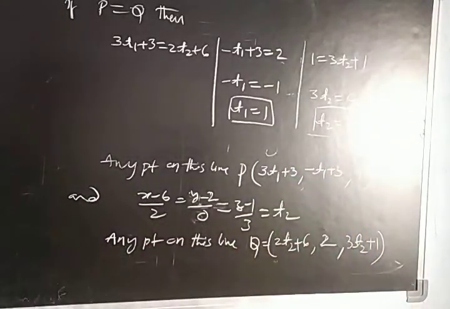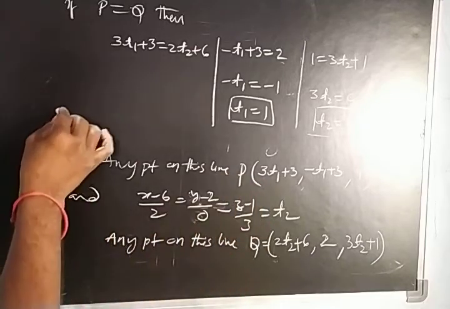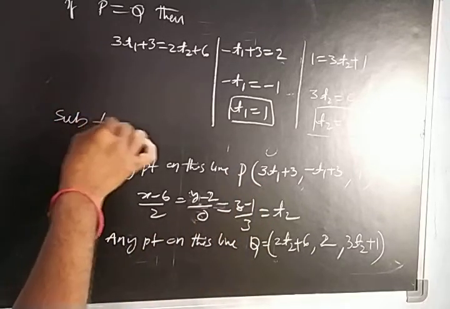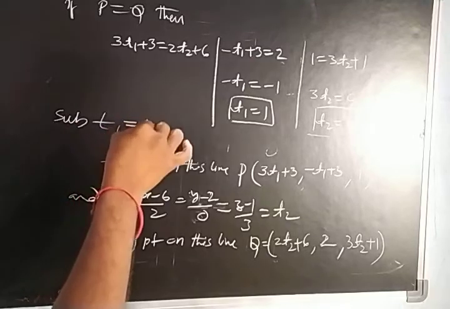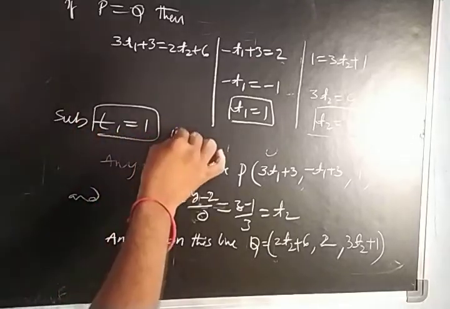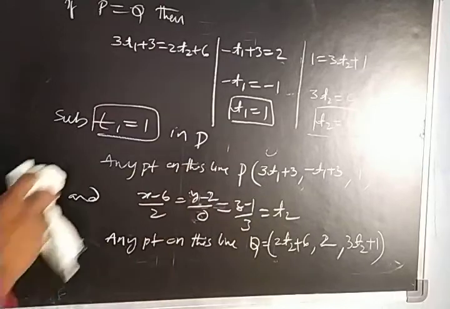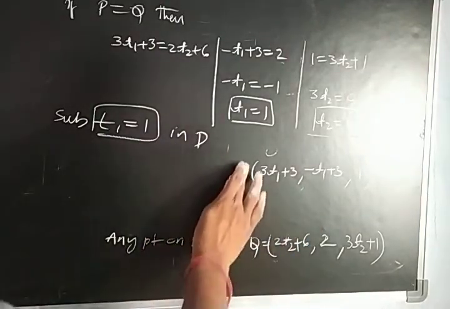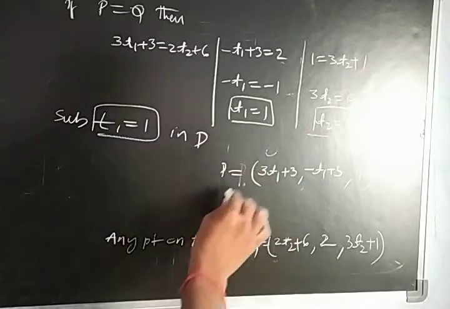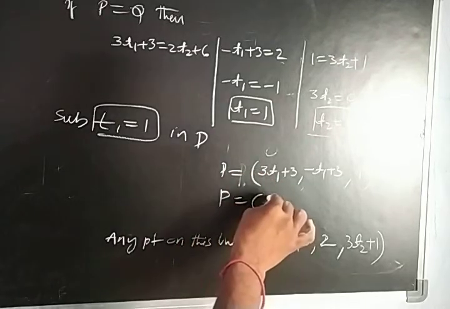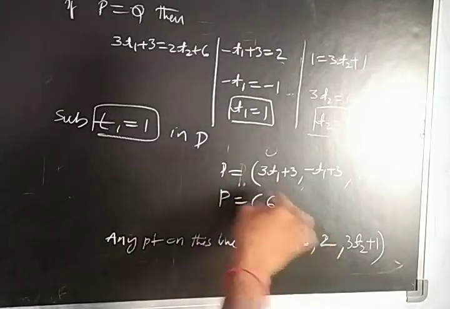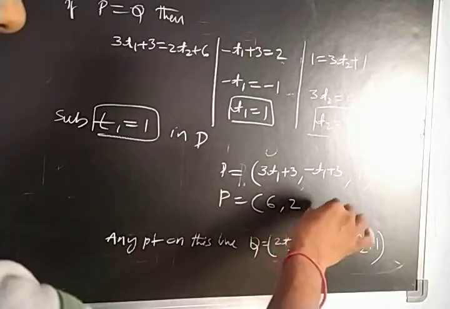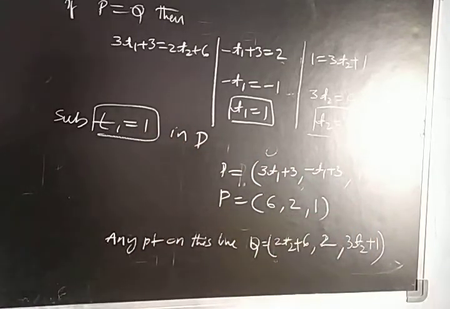Now I will substitute t1 in P. Substituting t1 equal to 1 in P, the point becomes 6, 2, 1.